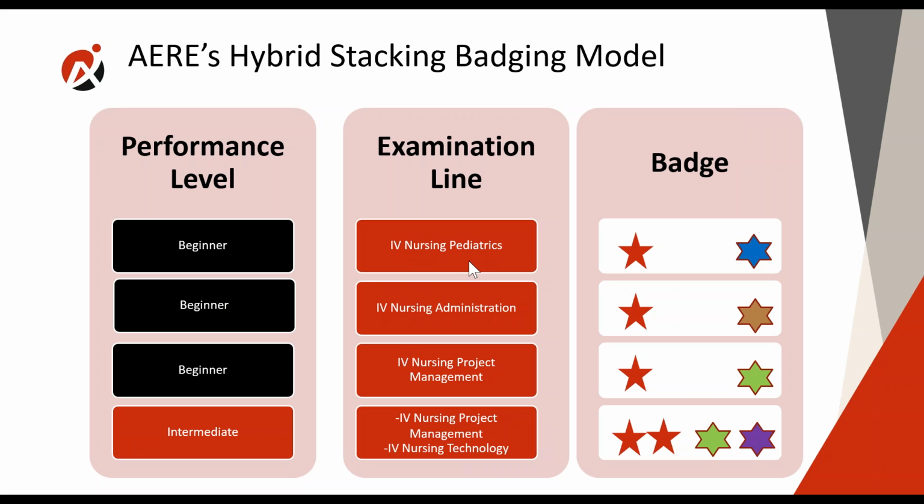IV nursing pediatrics, you get one badge because it's a beginner, but you're in pediatrics, so you get a blue for pediatrics, a brown for administration, and green for project management. If you're at the intermediate, you get the two badges, and you have management, which is the green, and then you have nursing technology, which is a whole different area, and you have a purple star.